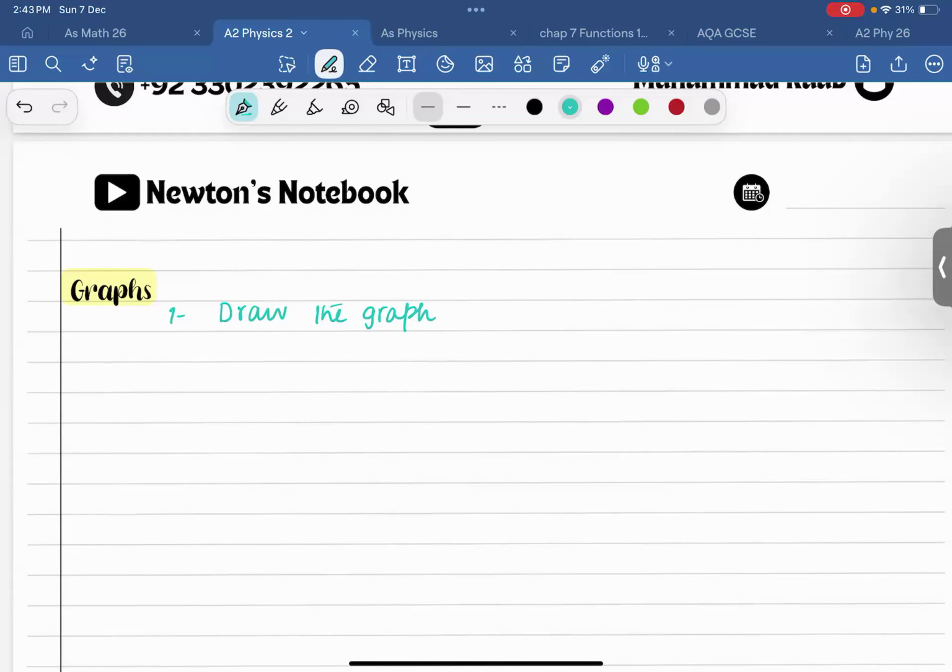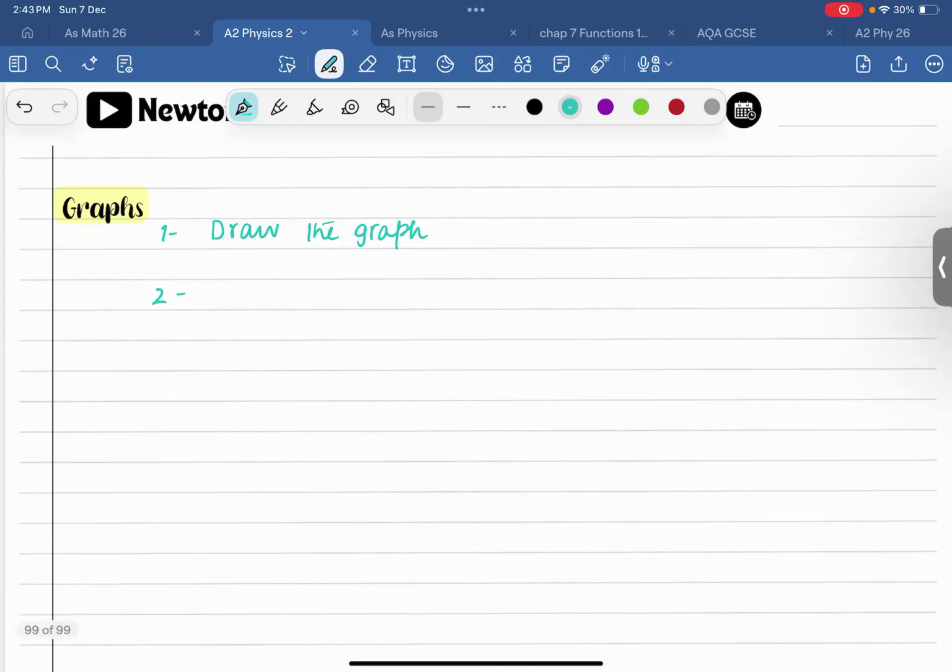Okay, so draw the graph. The second is going to be interpretation from the graph.